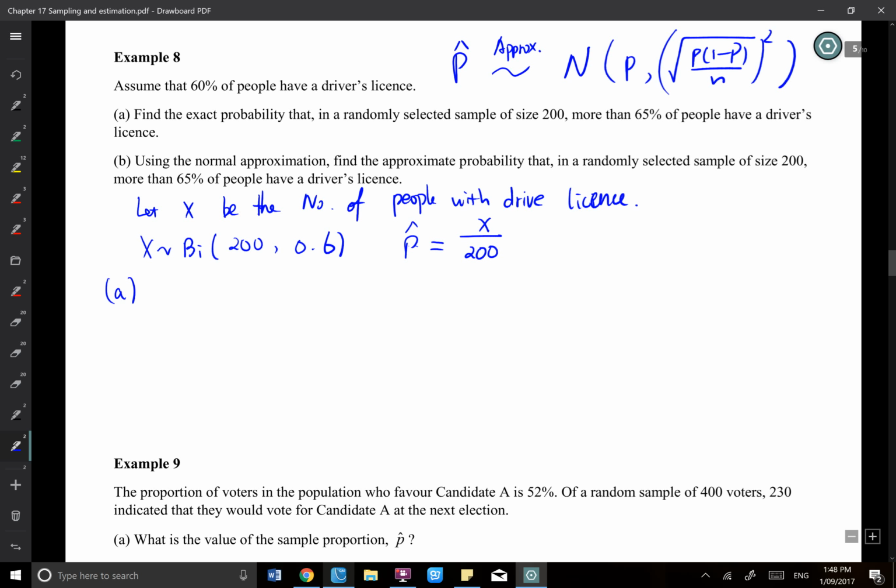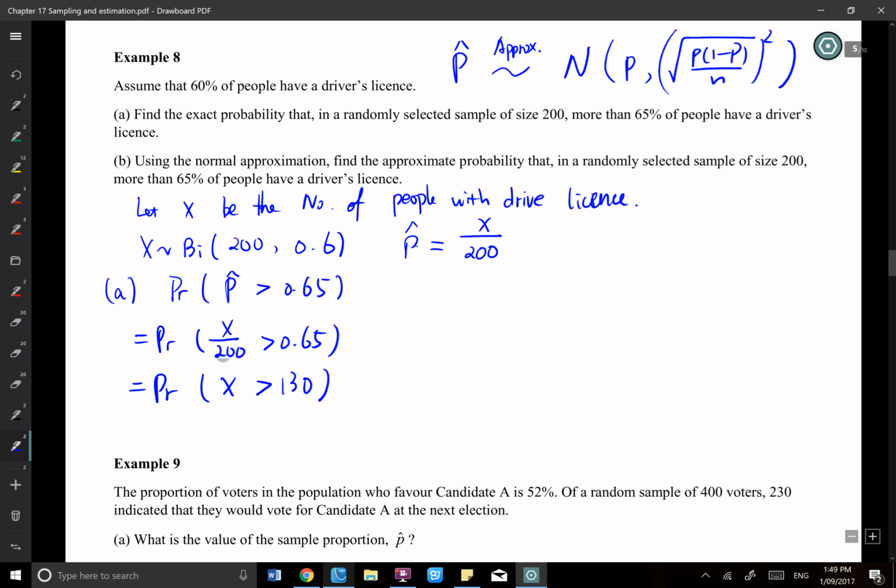For part A, what you need is the probability that p hat is more than 0.65. That is the probability that x over 200 is greater than 0.65, which is the probability that x is greater than 130.